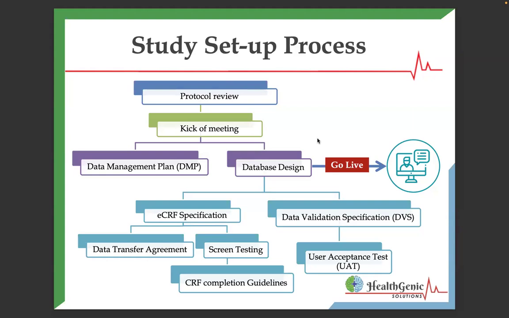We want data from one system to another system. Then screen testing, and then CRF completion guidelines. Completion guidelines are nothing but how we enter the data; we need some guidelines. On the other hand, we do something called UAT. And these are the steps that we have.